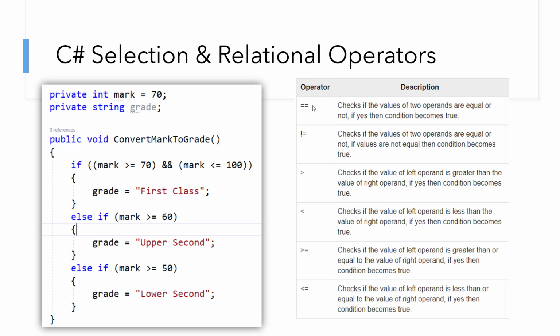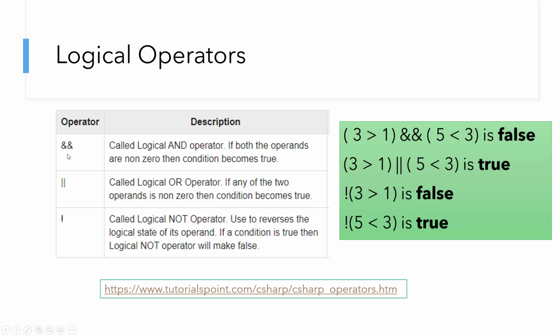And you have the same operators available in C# as are available in Java. An equals operator, which is a double equals, a not equal to, greater than or equal to, less than or equal to. And you can combine conditions with ands, ors, or nots.